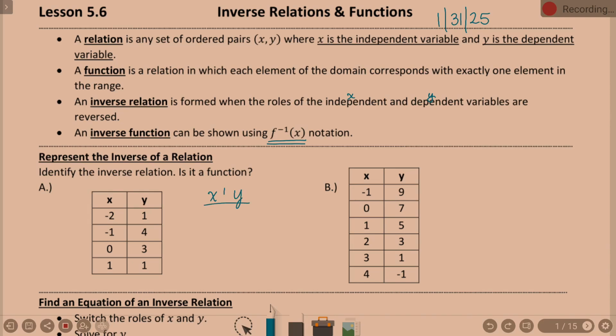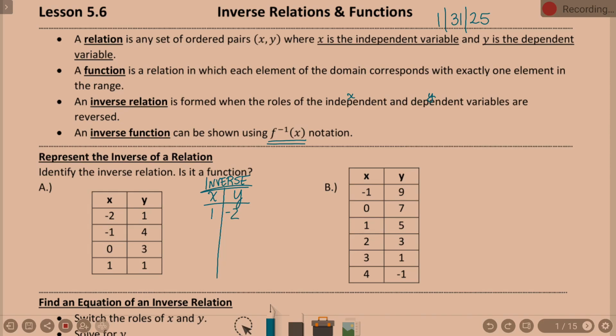We could do this as ordered pairs. I know in the homework they have you list ordered pairs, but I'm going to go ahead and just set it up as an XY chart because that's what we're provided here. And this is the inverse. Thoughts? If (-2, 1) is part of the original function, what's going to be in the inverse? (1, -2).